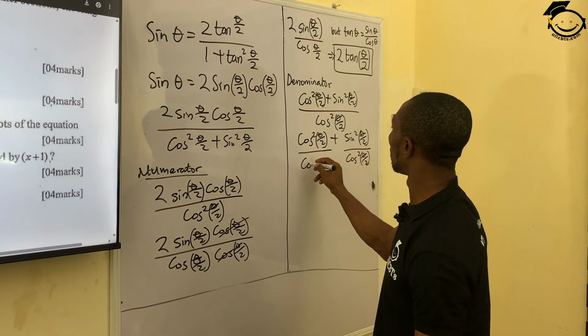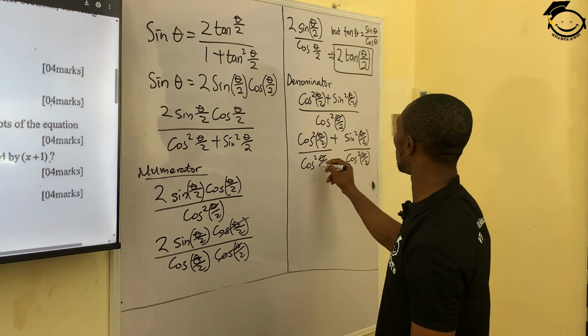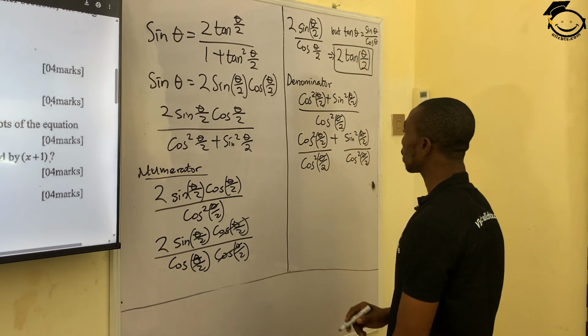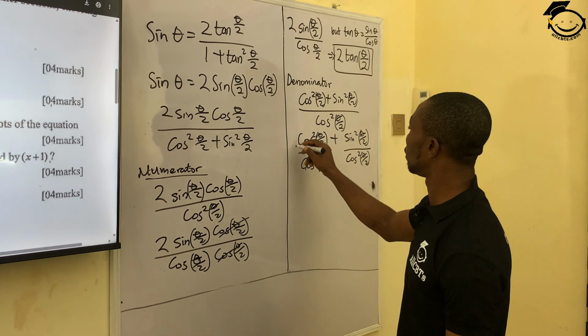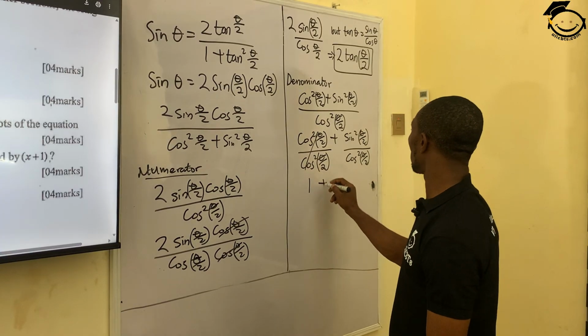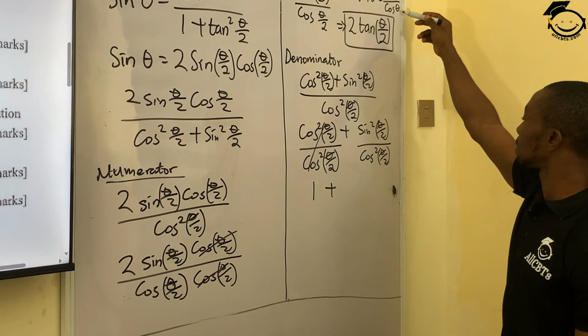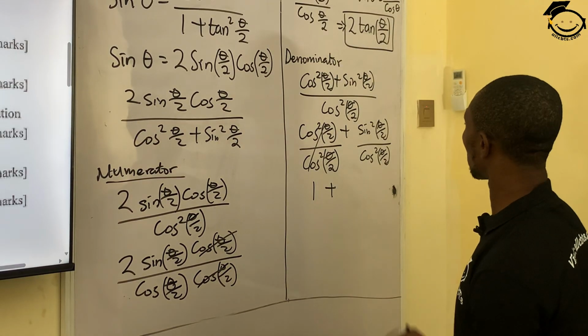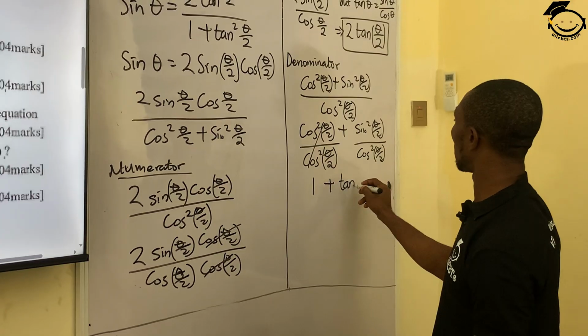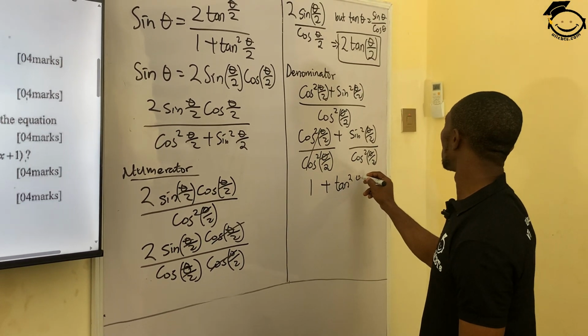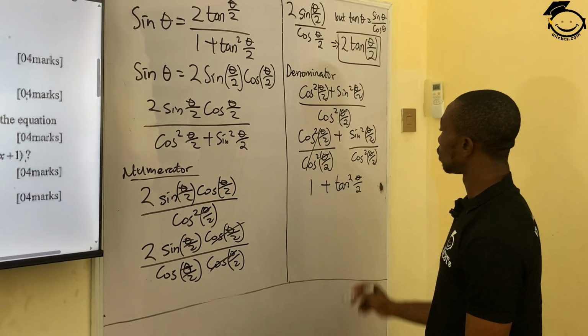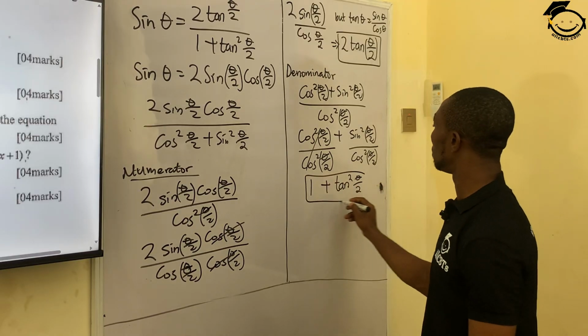Now this cancels out to give us 1 plus, remembering our formula that says sine theta over cos theta is tan, so this becomes tan squared theta over 2. So now this is for our denominator.